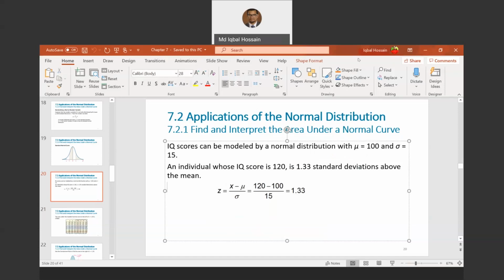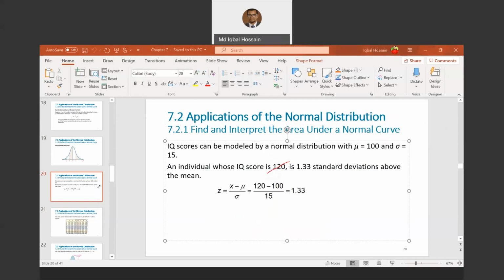What would happen if a random person has an IQ score which is not 120? What would be the difference?